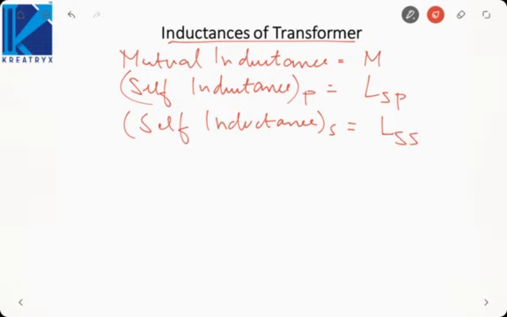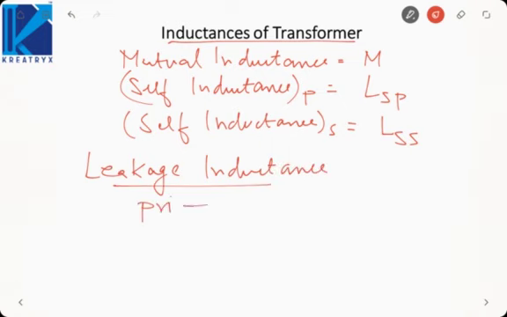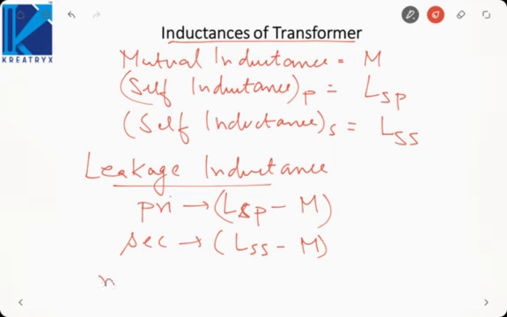LSS. Now, but when we construct the transformer model, we use leakage reactances and magnetizing reactance. So, reactance is nothing but omega L. So, if we talk about leakage inductance, in case of primary it is LSP minus M. In case of secondary it is LSS minus M, and for magnetizing inductance it is 2M.